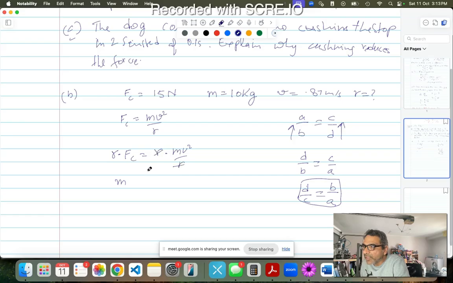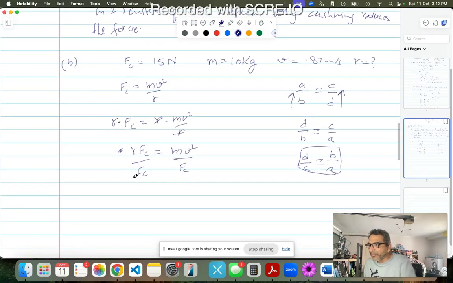So this will cancel out, and this will lead us to r Fc is equal to mv square, right? Now divide both sides by Fc, right? That makes sense.